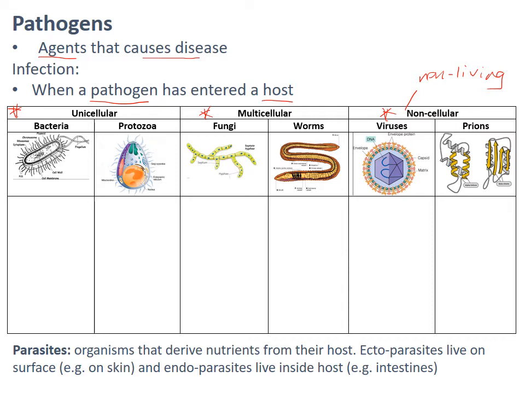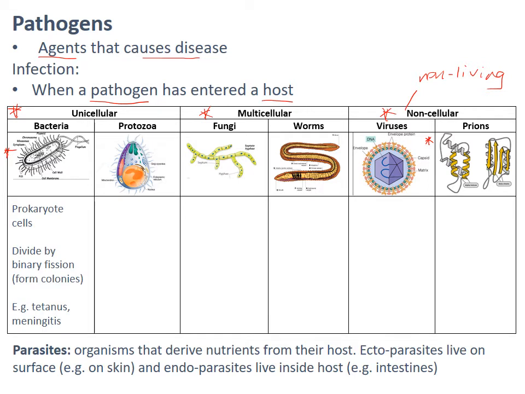So we'll start over with bacteria. Now, I'll just note now, bacteria and viruses we look at the most, and you'll do a more detailed drawing of these on the next few slides. So if you want to take this image for your table, you can, or if you want to draw a nice simple diagram in your table, that's absolutely fine.